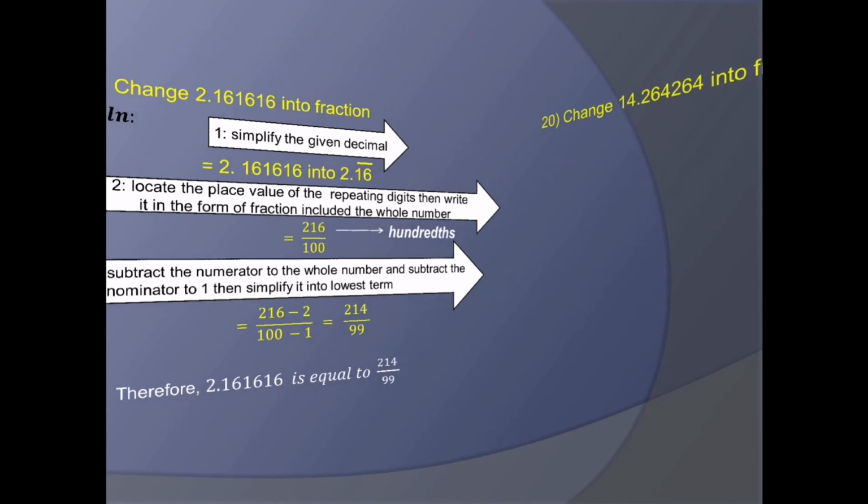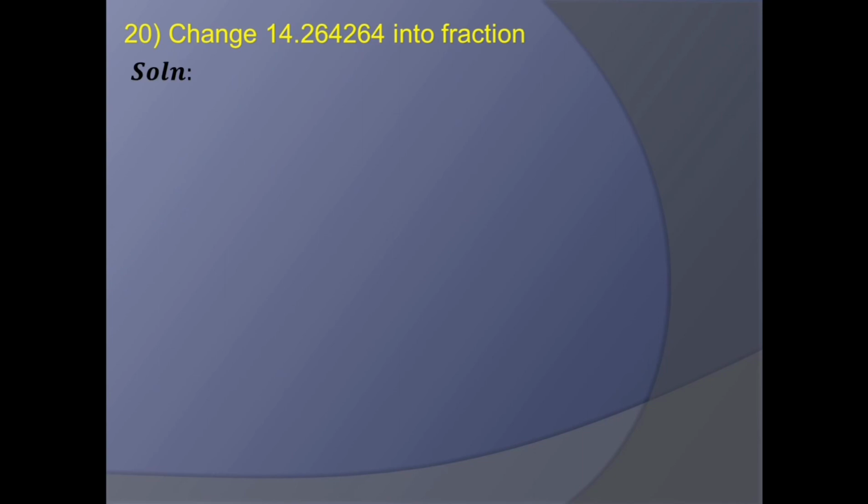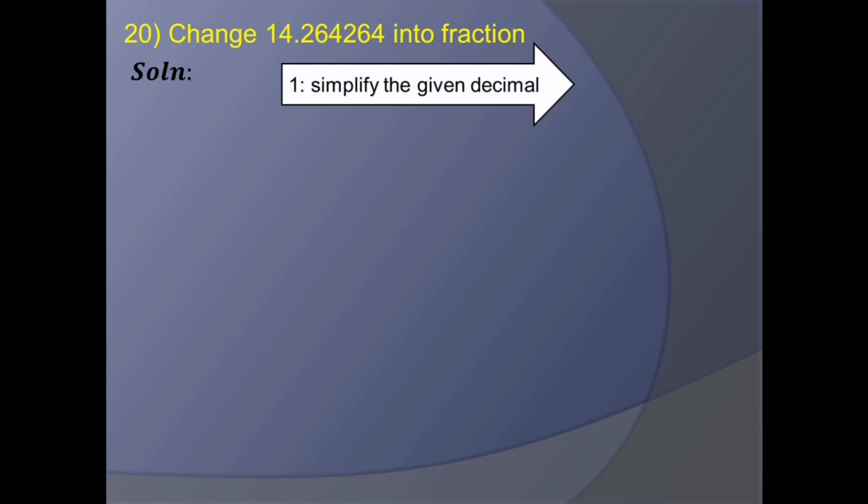Okay, let's proceed with the last number. So here we have to change 14.264264 into fraction. Okay, so how? The same process, simplify the given decimal. We have 14.264 with a vinculum or uppercase bar.